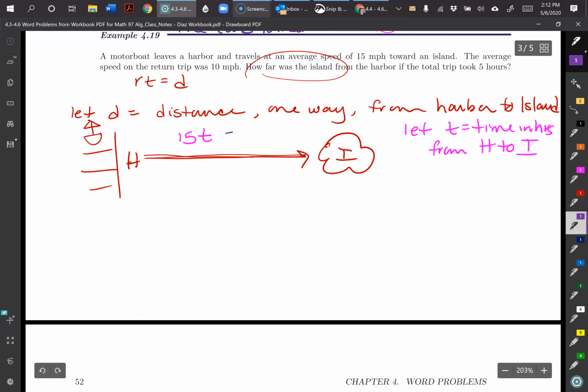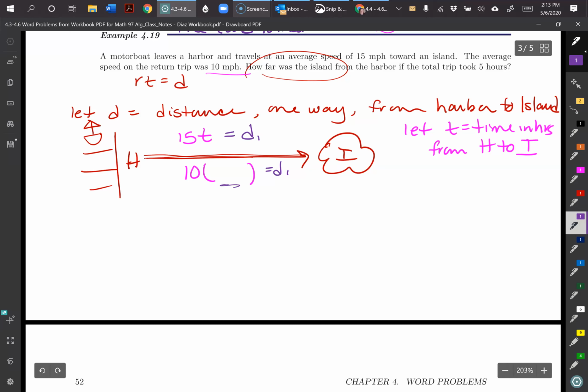So we're kind of tracking that. Equals distance one way, right? Then we also can look at this value that it took 10 miles per hour at a certain amount of time to return. And that also equals D.